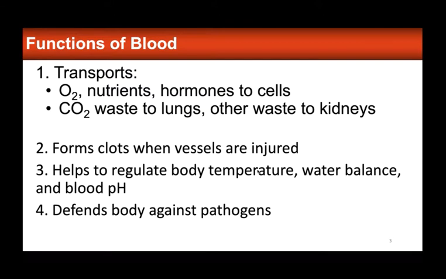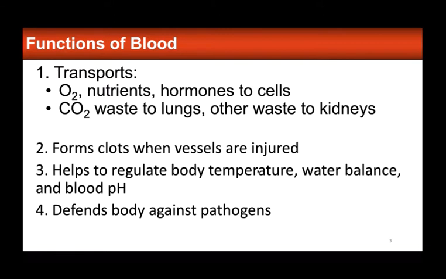And so the blood is also important for the balance of fluids in different compartments of the body. And then blood pH is also regulated to some extent by blood.